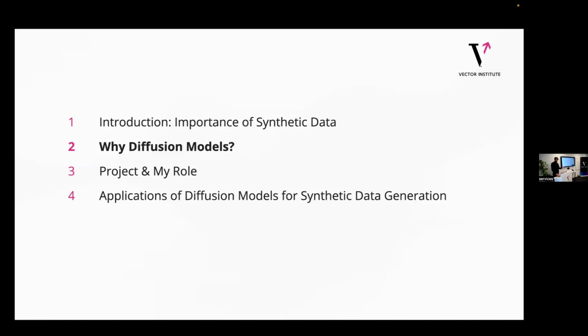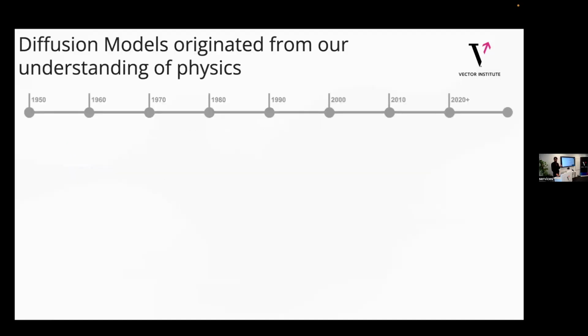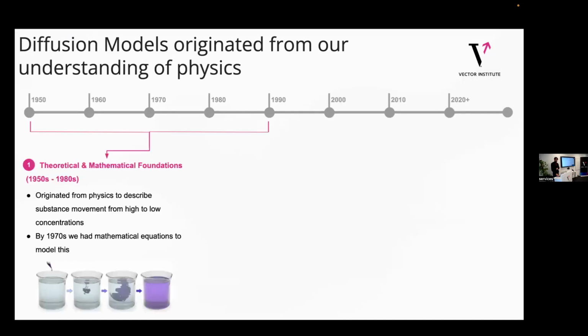Then, why diffusion models for synthetic data? First, I'll start with a little bit of history about how diffusion models came around. Their history comes from physics, and originally the equations were from modeling the diffusion of material from high concentration to low concentration, such as a drop of dye in a glass.